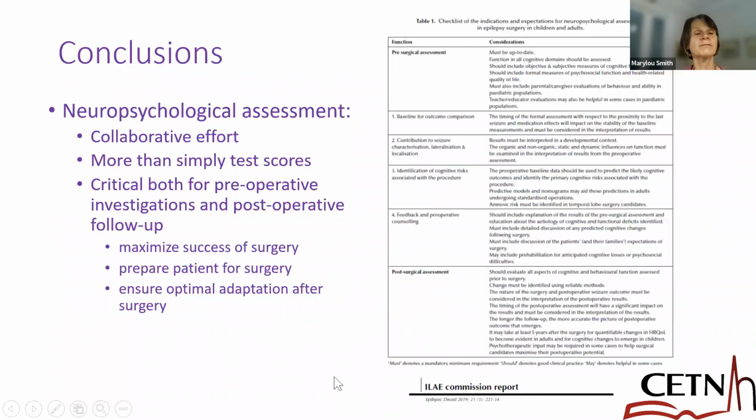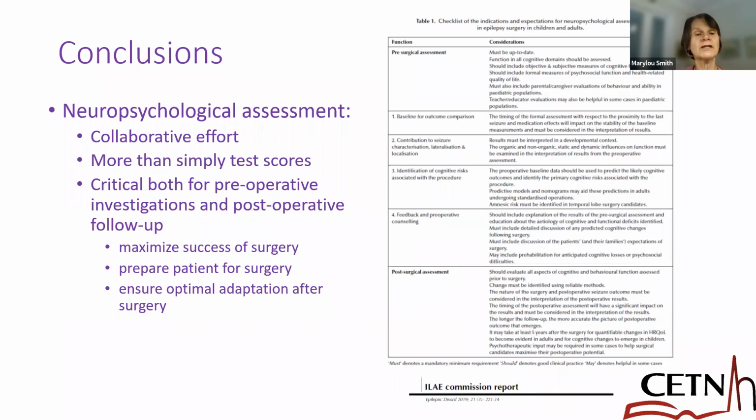So I'll just end off by reiterating some of the points that I made before, that neuropsychological assessment is a collaborative effort. It's more than just attaining test scores. The assessment is critical for both preoperative investigations and for the postoperative follow-up of patients. And it will maximize the success of your surgery.